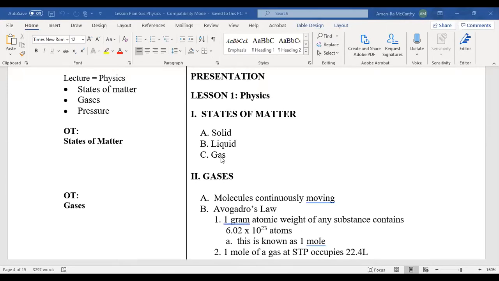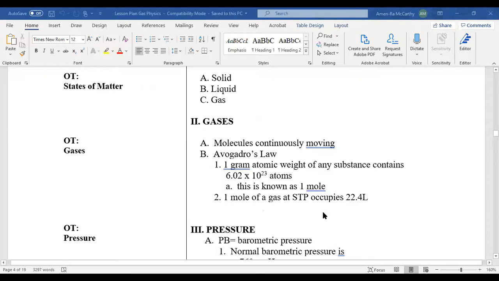He said if you take 1 gram of any substance on Earth, it will have 6.02 times 10 to the 23rd atoms in it. And that is considered to be 1 mole. That is what a mole is. And I call him Avogadro the mole to help me remember his law.